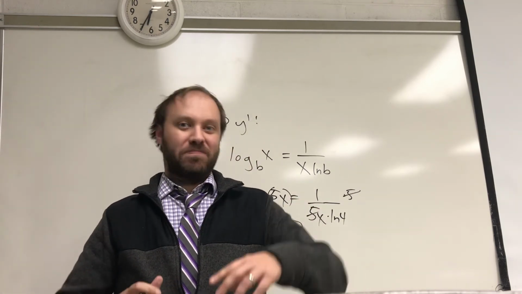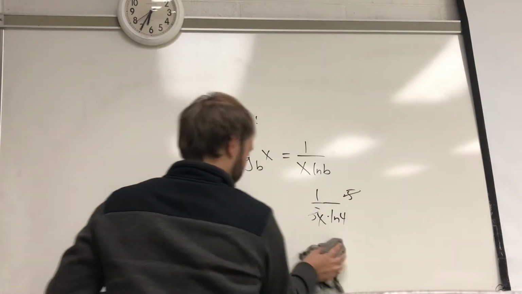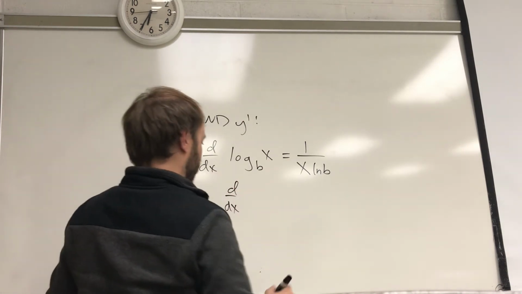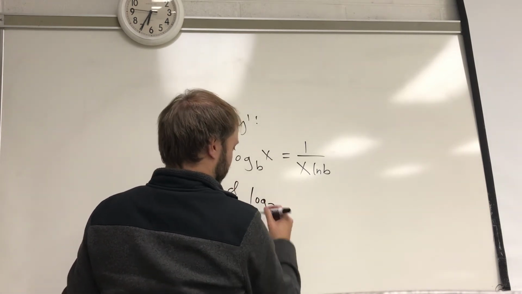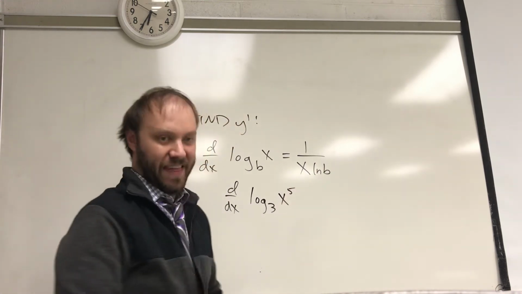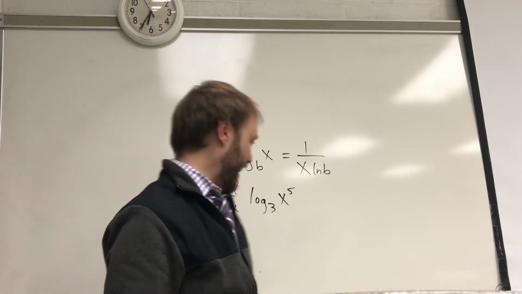Now, you don't want to take that too far because you could have other types of situations. You could have something like the log base 3 of x to the 5th power. And that's not just going to be 1 over x ln of 3.